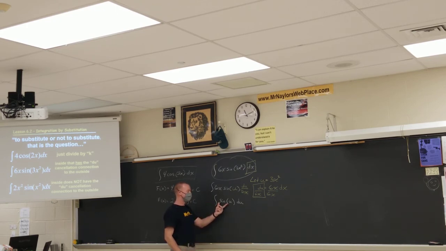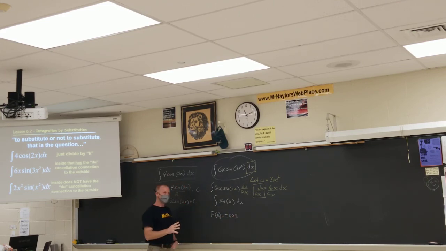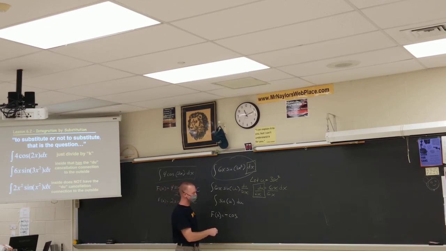But when I finally change sine into opposite cosine, well, now I did the antiderivative. So very, very important step to remember. And in case you forget to do that, you'll know when I say, hey, you forgot to do the antiderivative. Now it's going to be the opposite cosine of u, but u, as we've talked, is ready to substitute back to be 3x squared plus c.